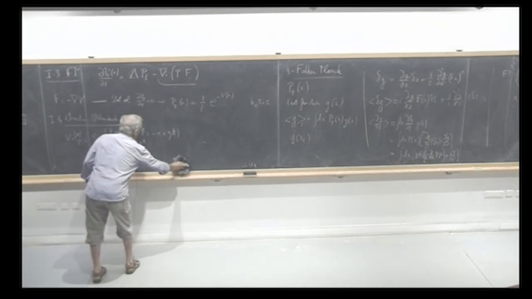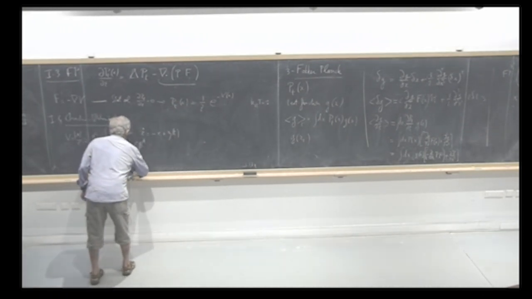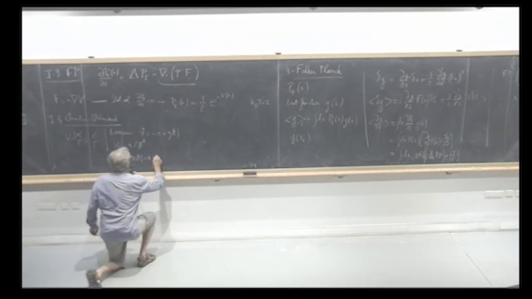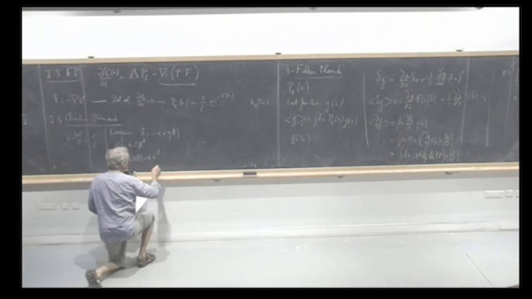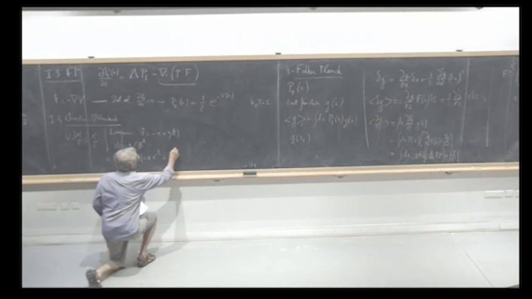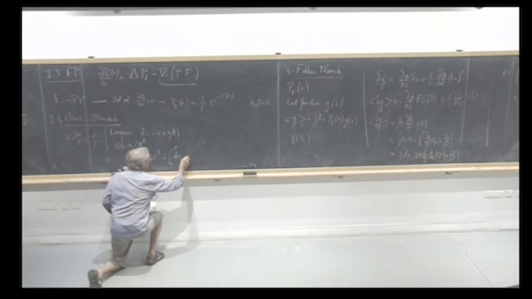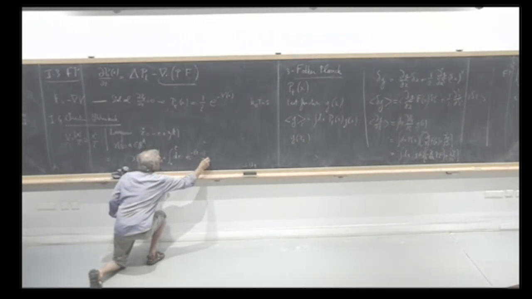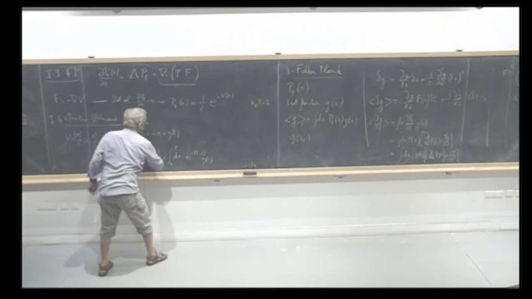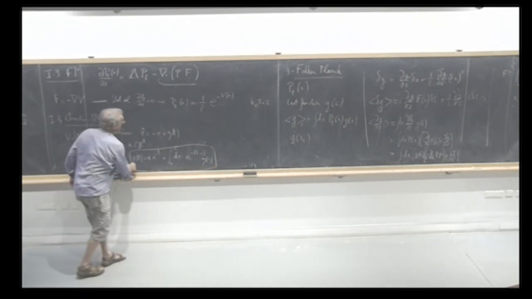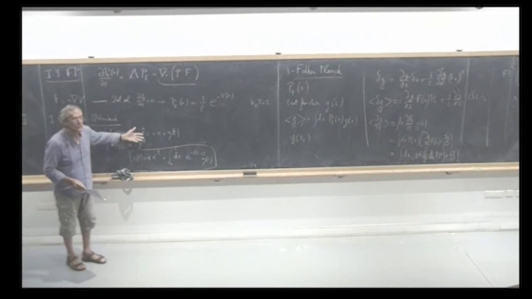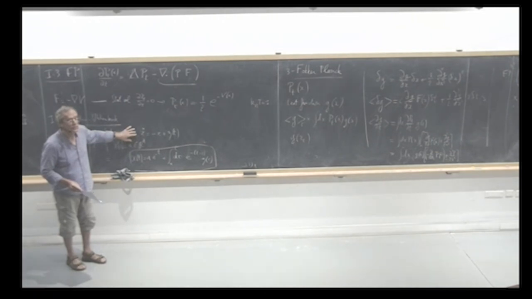Then you will find that the solution to this equation is x of t is equal to a e to the minus t plus integral 0 to t of d tau e to the minus (t minus tau) eta of tau. Okay, that's just the standard solution of a first order differential equation.